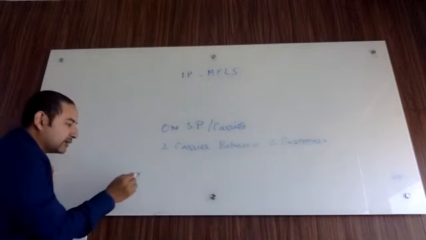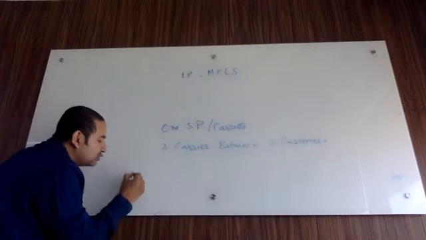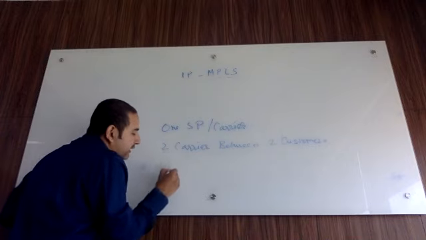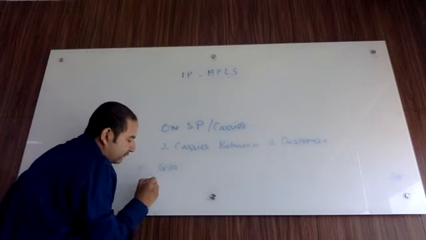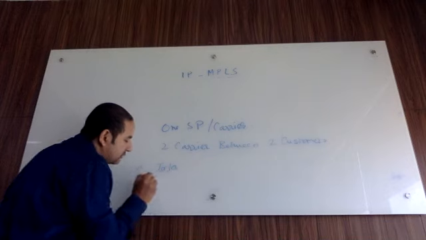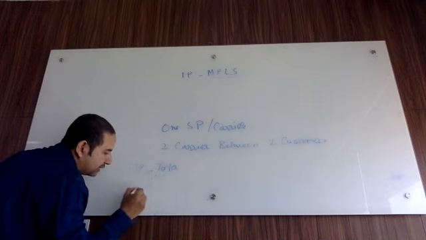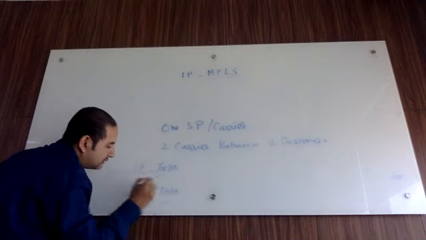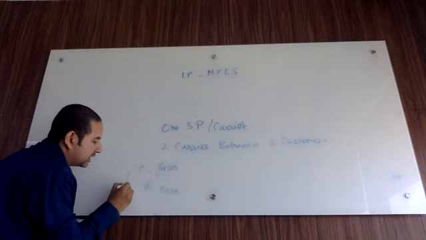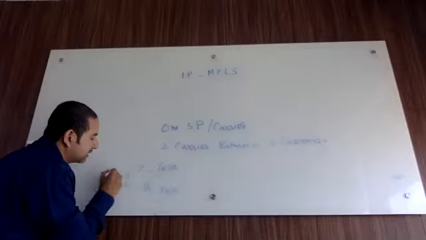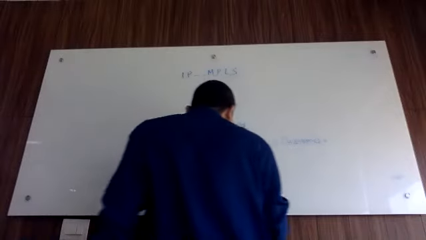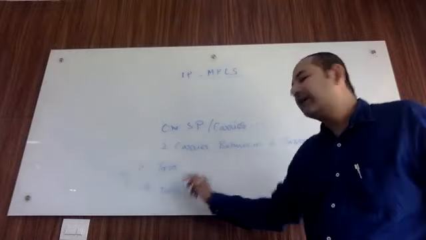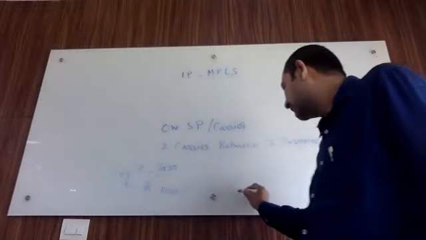It can happen like this: suppose I am in UP and I have Tata MPLS here in UP. So I am connected to the Tata MPLS PE router. This is the Tata network. I am in UP, so my CE is connected to Tata MPLS. Now in Mumbai, let us suppose I don't have a Tata network. I have Airtel here.